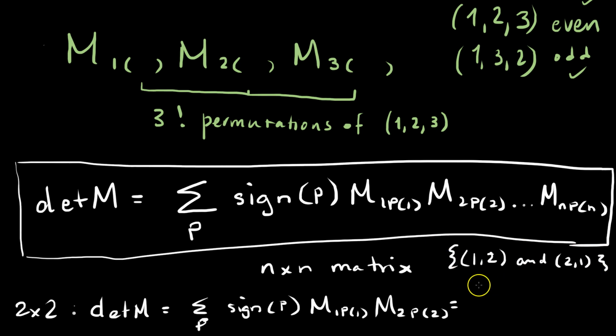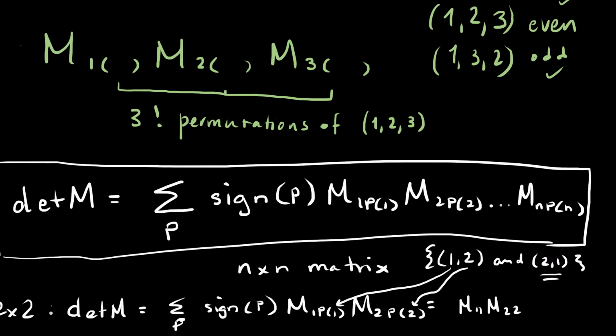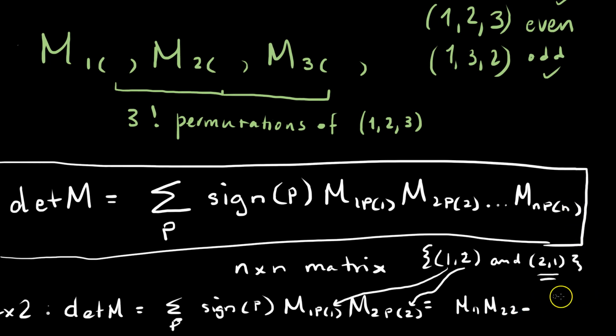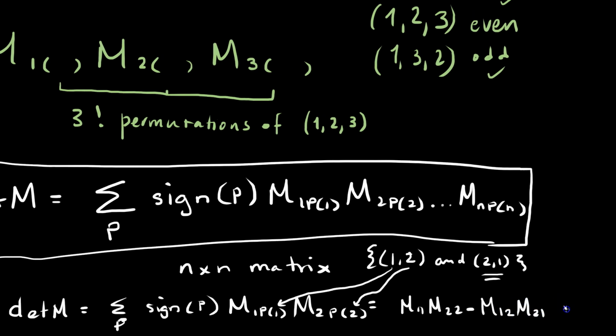Okay, so 1, 2 is an even permutation, so it's just going to be M11, M22. Notice we're putting the 1 in here and we're putting the 2 in there. And then this permutation is odd, right? So we're going to put a minus and then M12, M21. Would you look at that? It's exactly the same as what anybody would think it is. This is the determinant of a 2 by 2 matrix.